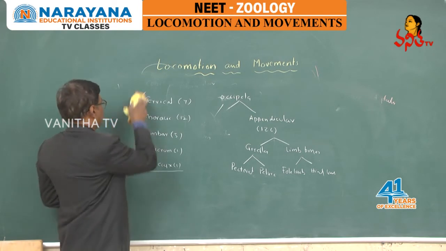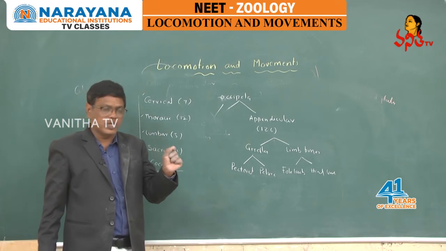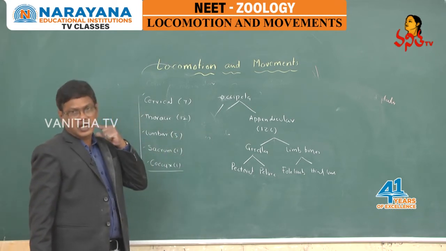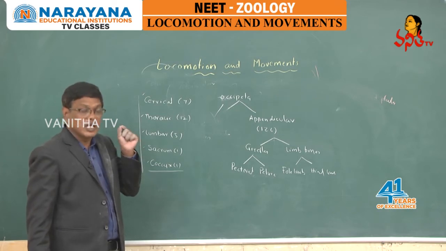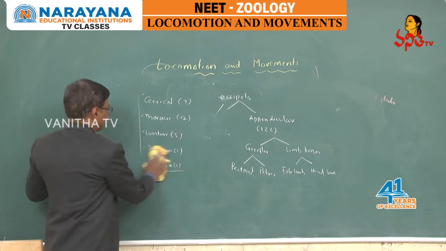In the majority of mammals, the cervical vertebrae are 7 only, whether it is the neck of a giraffe or our neck.